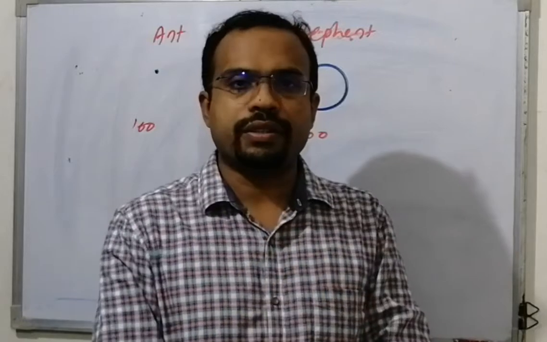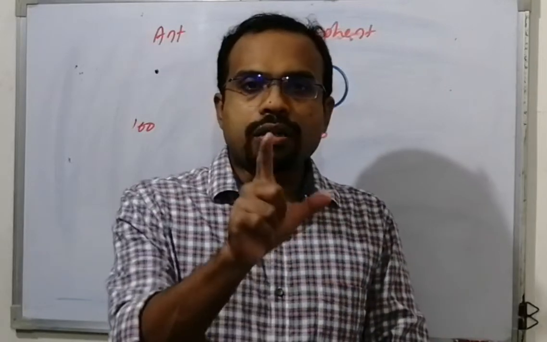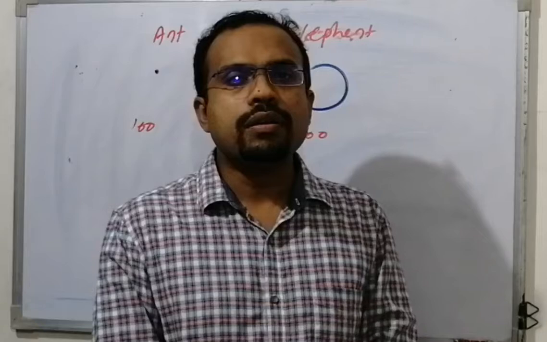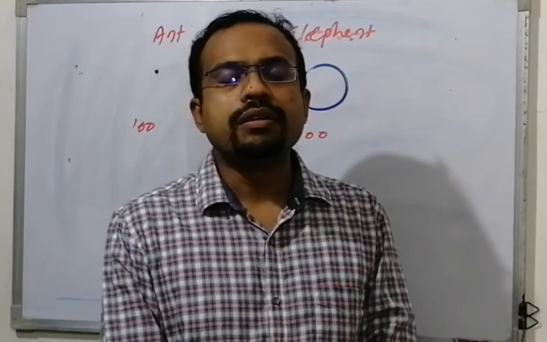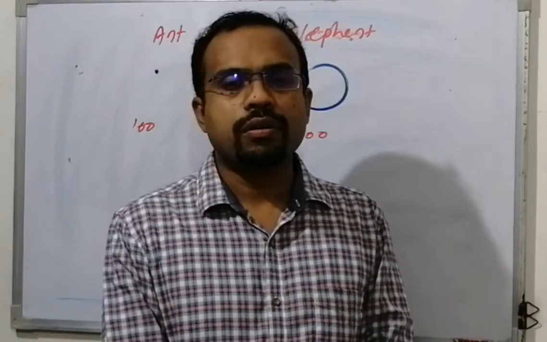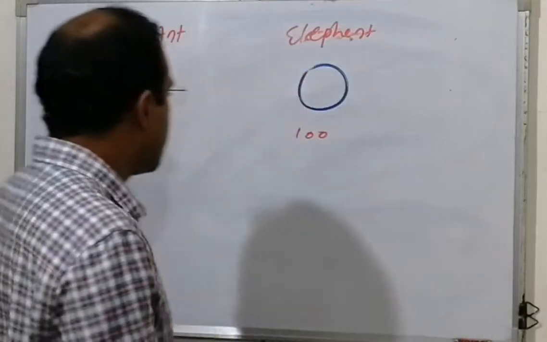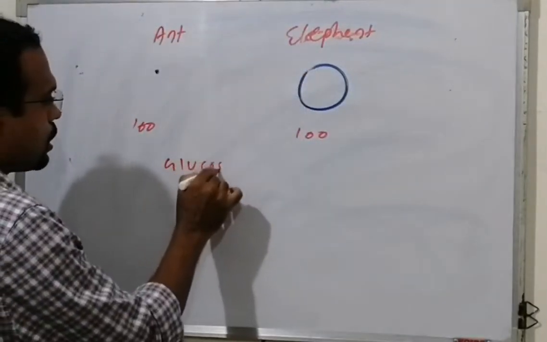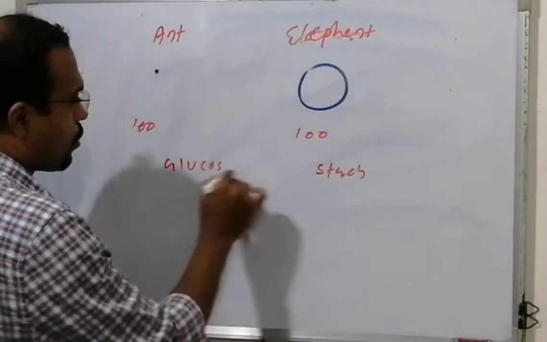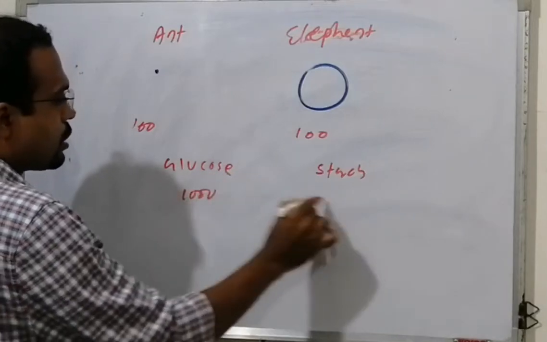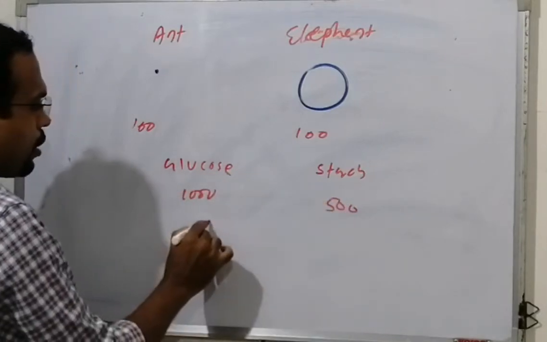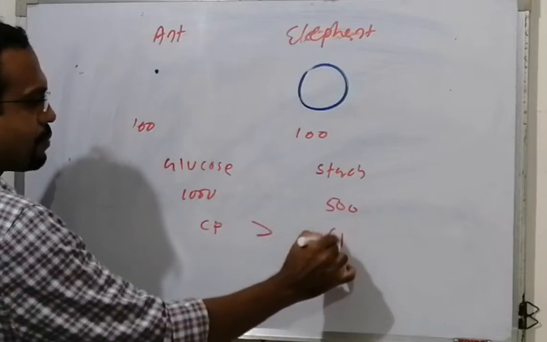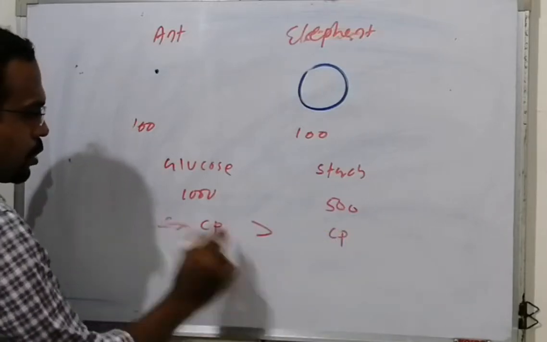Here the number is different. 1000 glucose molecules and 500 starch molecules. This is glucose and this is starch. This is 1000, this is 500. Its colligative property is greater than this one, two times.